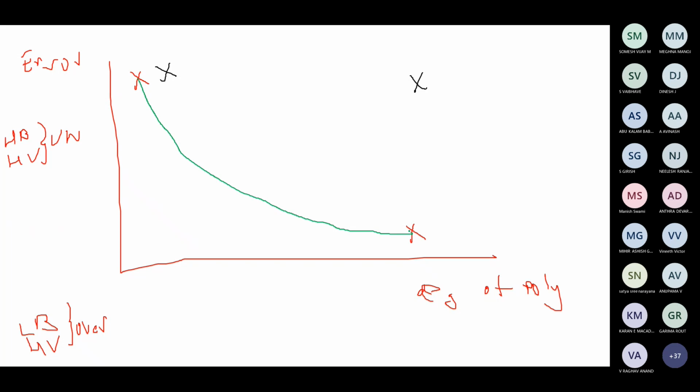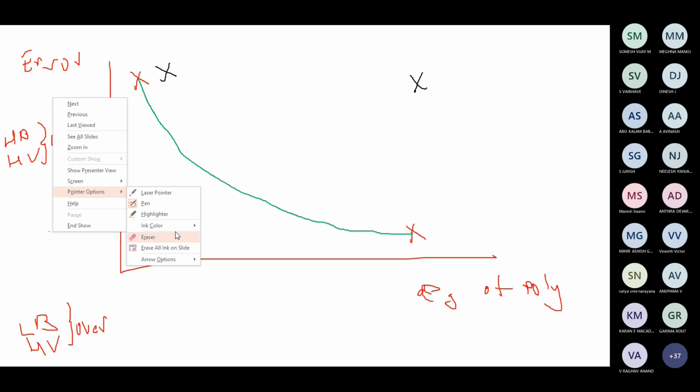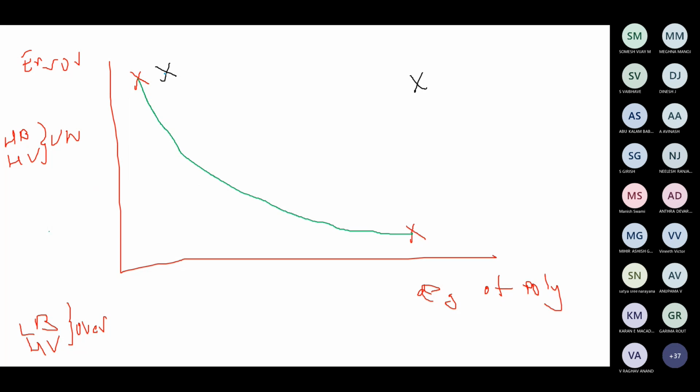Yes, students? Yes or no? Now, when I try to overtrain my model, initially my errors will be less.